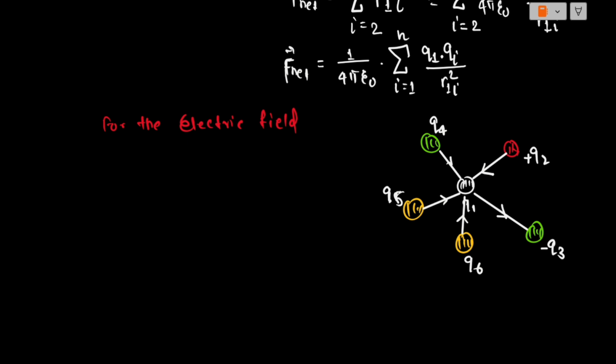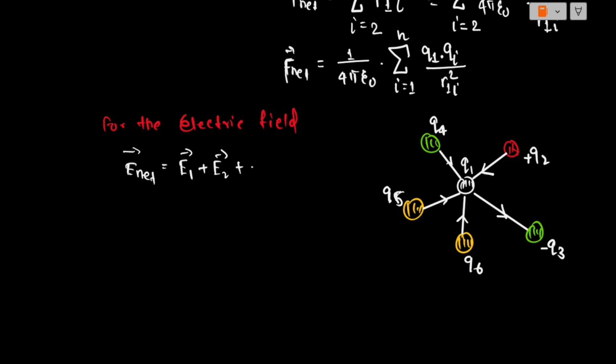So what the principle of superposition tells you about the net electric field: this is the q1 charge, so the net electric field, E net, would be equal to the vector sum of all electric fields individually. So E1 vector plus E2 vector plus dot dot dot if there are n charges.